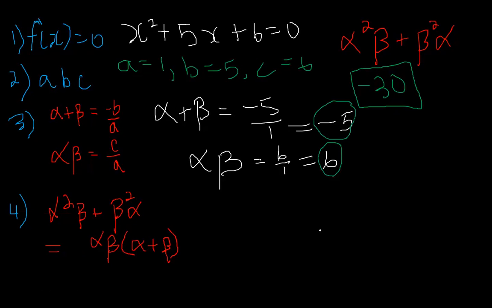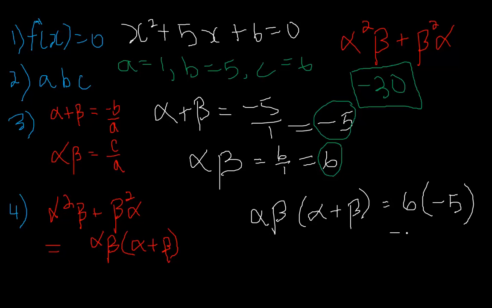Now, could anybody tell me what I would write in? Alpha beta times alpha plus beta. What would I write? 6 multiplied by in brackets minus 5. And what's the answer for that? Minus 30. So everybody understands now why the answer is negative 30?